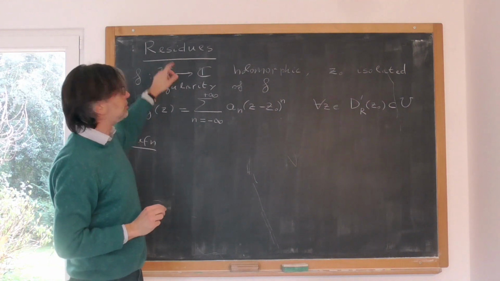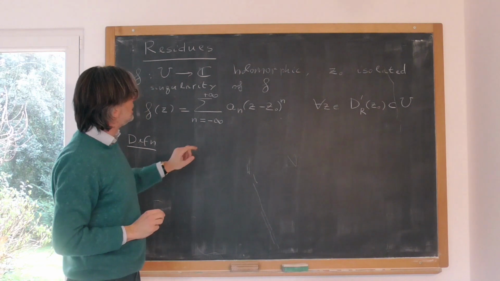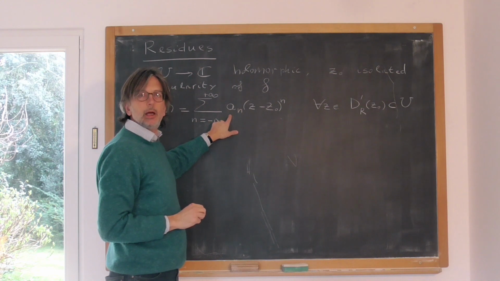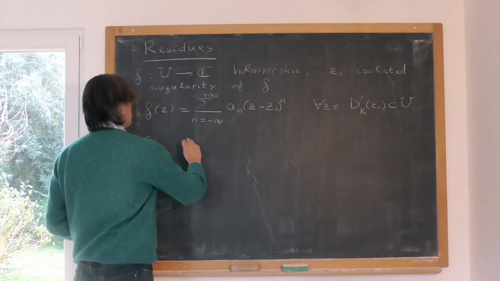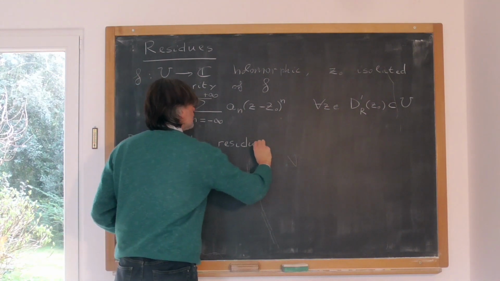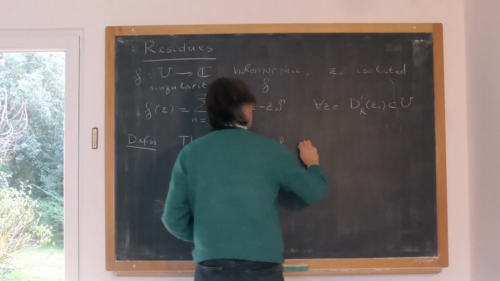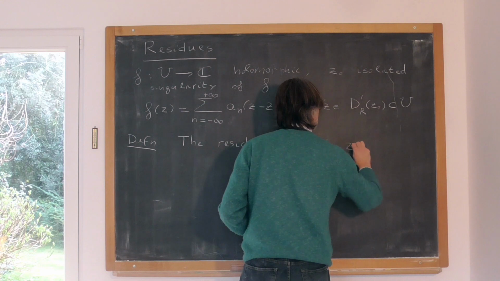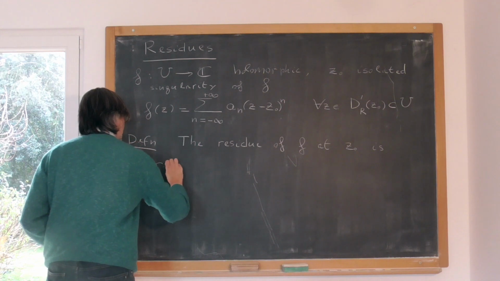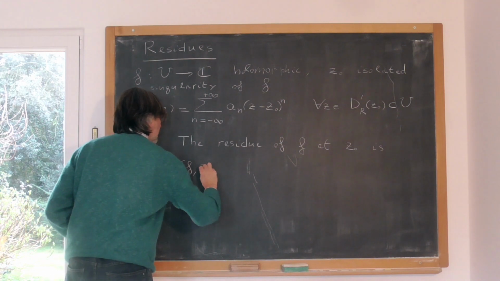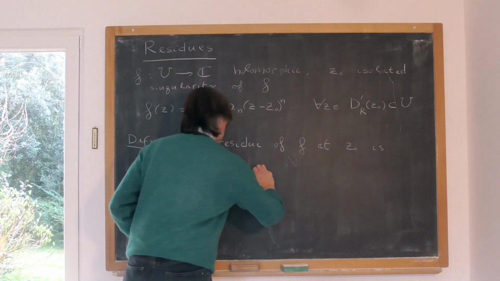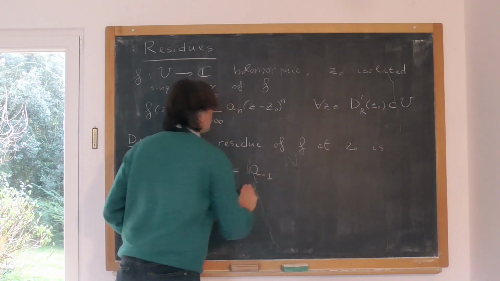So the residue of f at z0 is just the coefficient a_{-1} of the Laurent series. So the residue of f at the singularity z0, we denote it by this symbol, res(f, z0), and it's defined just as the coefficient a_{-1} in the Laurent series.